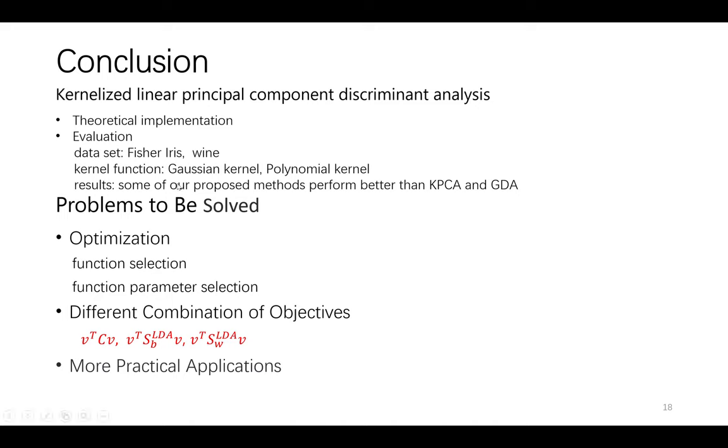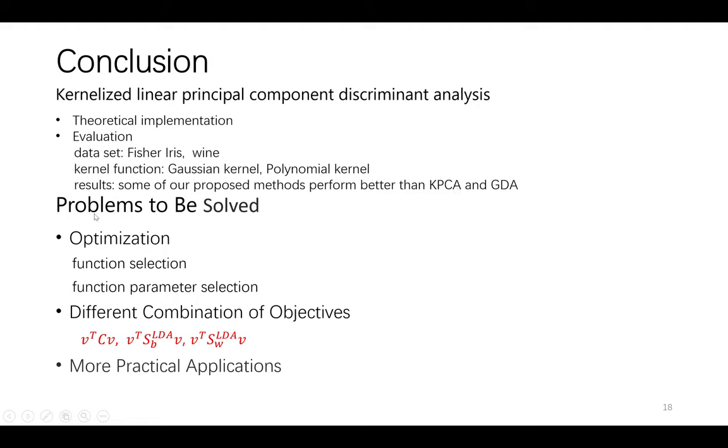That is, some of our proposed methods perform better than KPCA or JDA, and perform no worse than KPCA or JDA quantitatively and visually. So our proposed method has advantages.